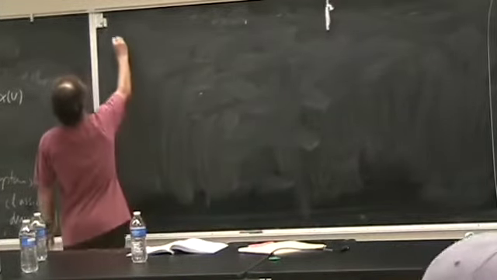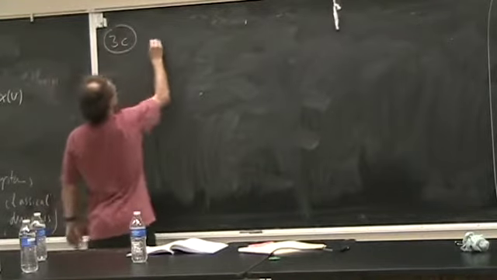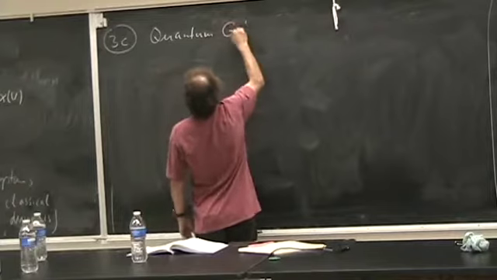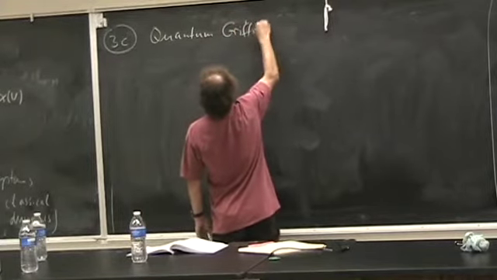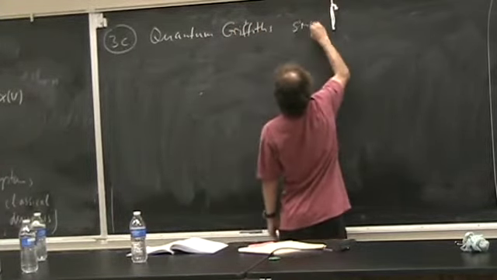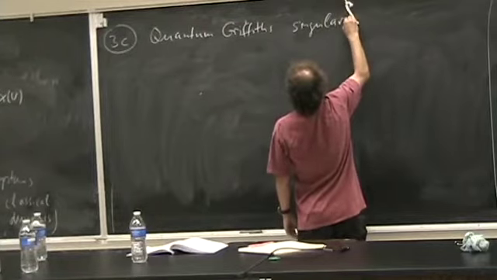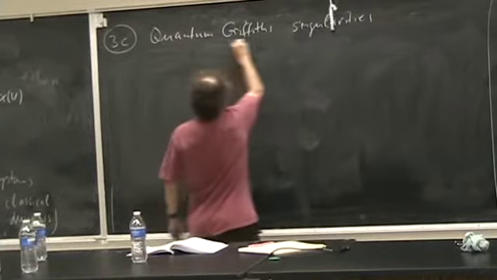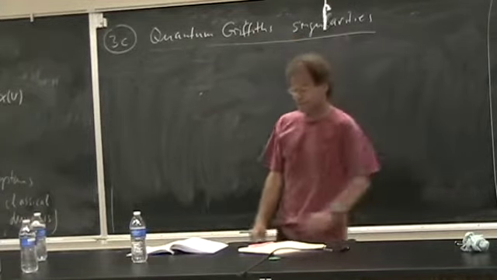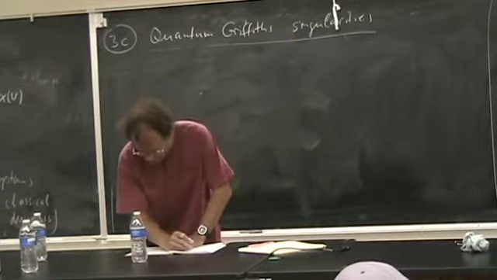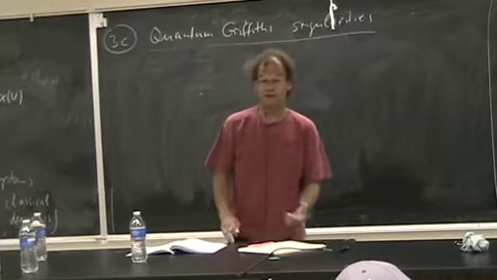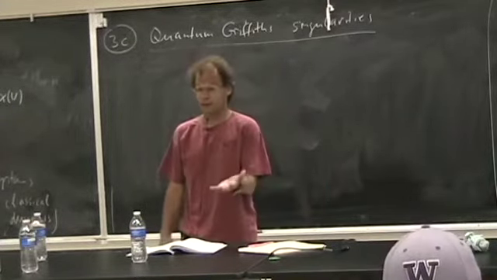Okay, so that's 3C. Quantum versus classical singularities. So that means we now have to look at the model of a quantum phase transition. And what I want to do is use the transverse field Ising model as an example.